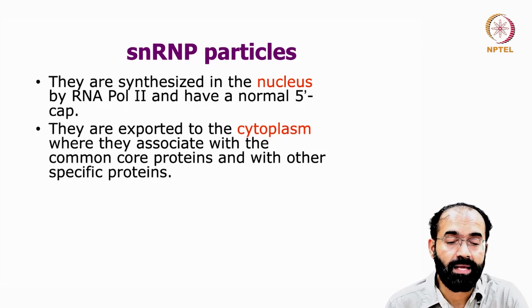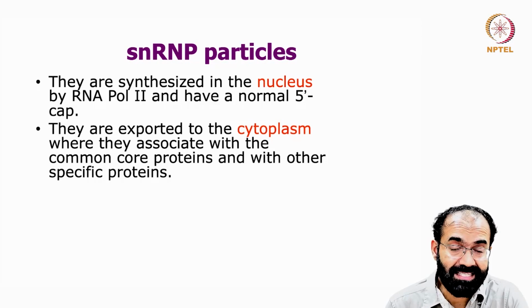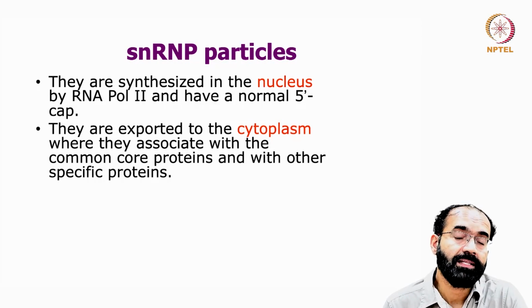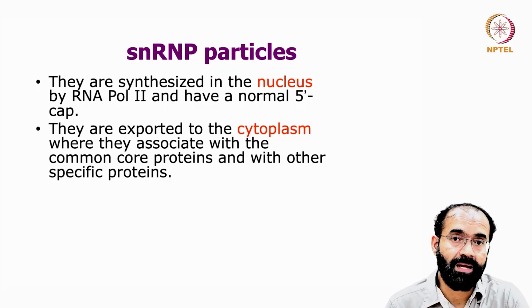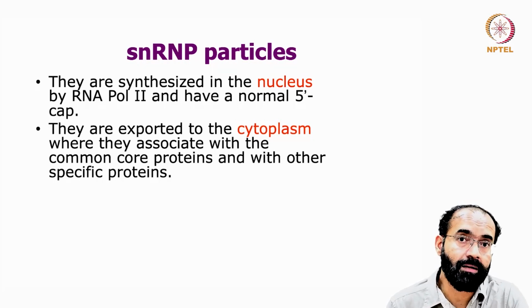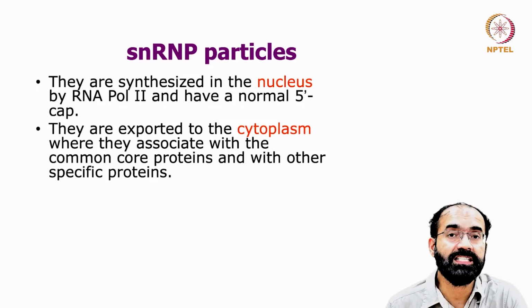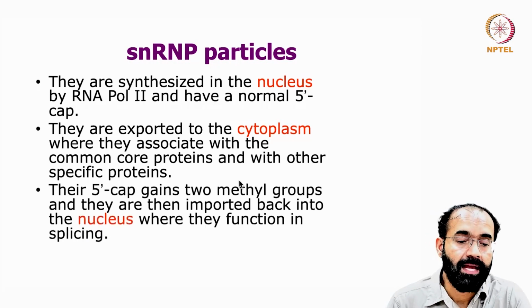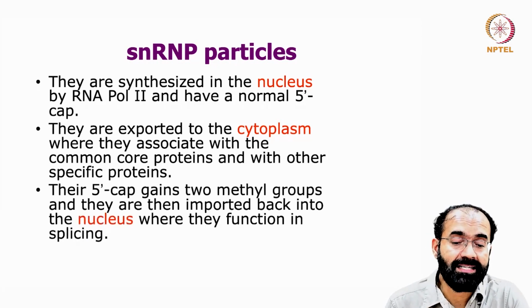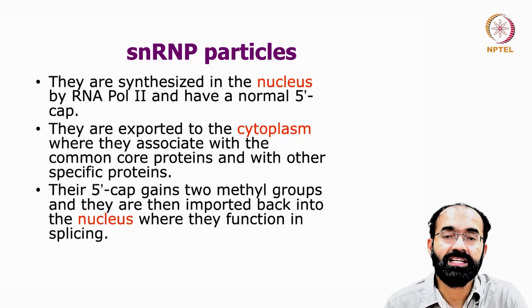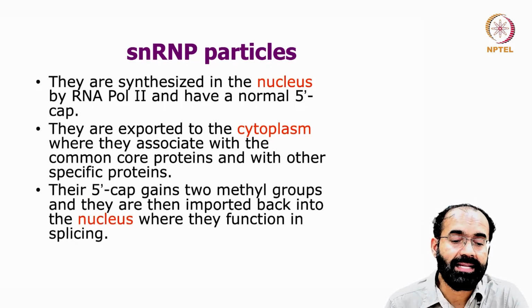This is not for mRNA, it is for some snRNPs, because they have to get exported to the cytoplasm where they mature and again come back to the nucleus, because their function is in the nucleus. And their 5' cap gains 2 more methyl groups. Initially they have got 1 methyl group, and they are then imported back to the nucleus where they function in the splicing.